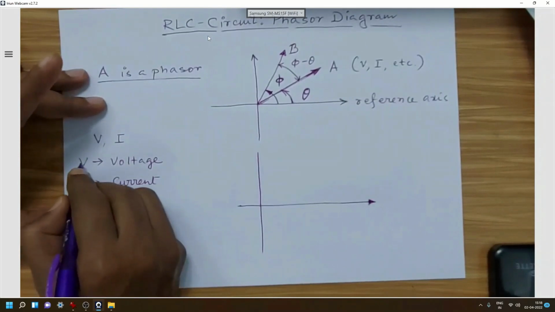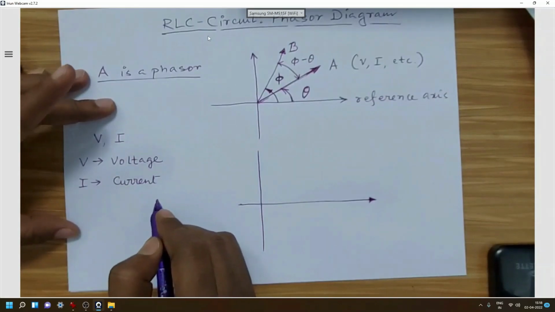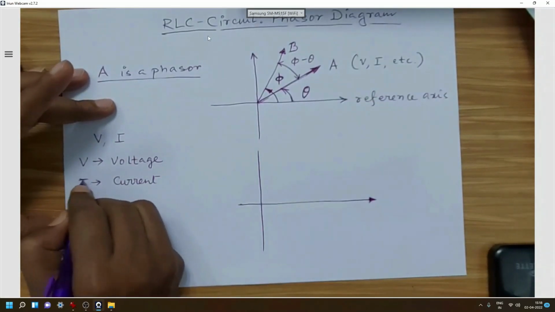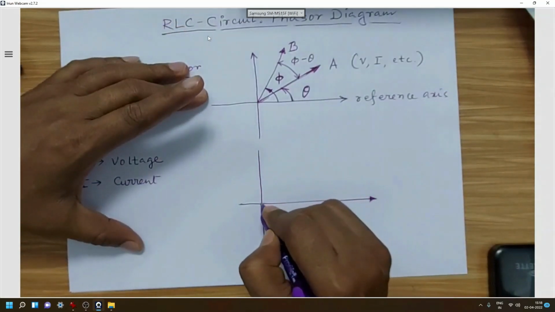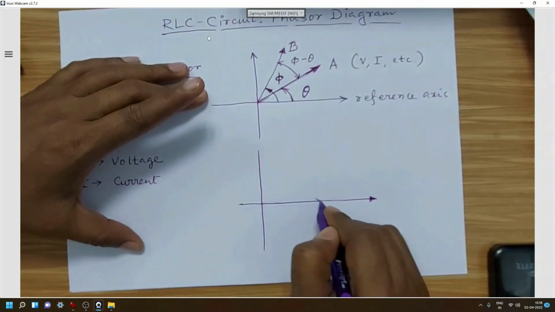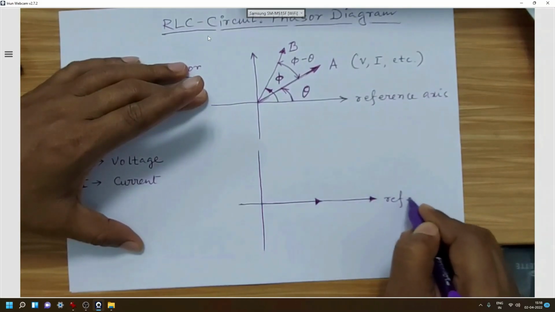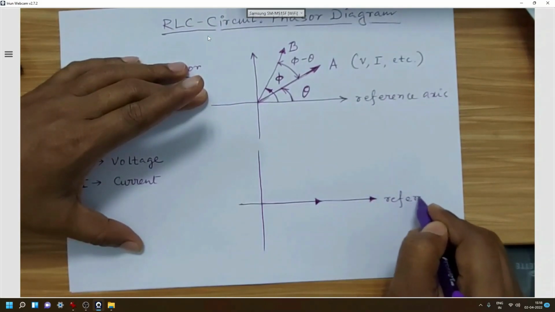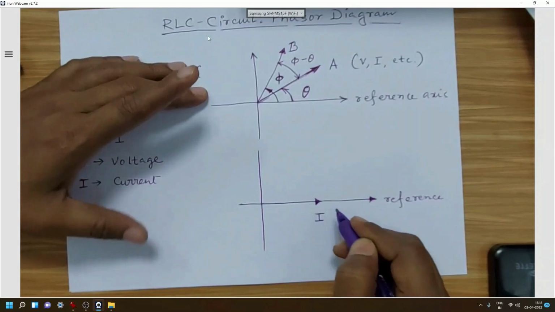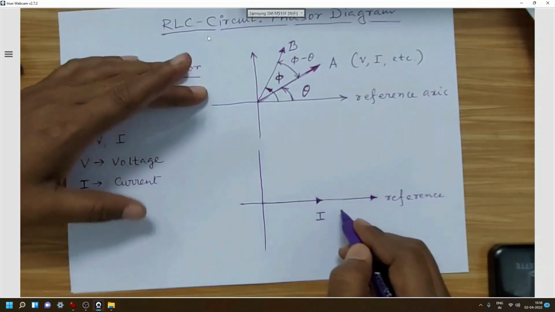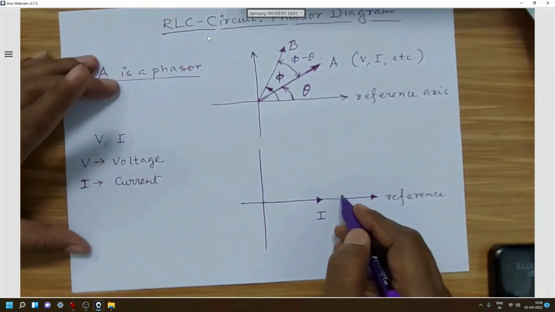And if V and I are associated with the same circuit, we can assume that I is produced due to V, and if we see that I is found along the reference axis, then we will call that I has zero phase, because there is no phase displacement between the reference axis and the I.